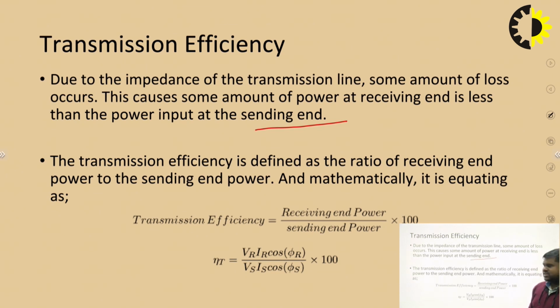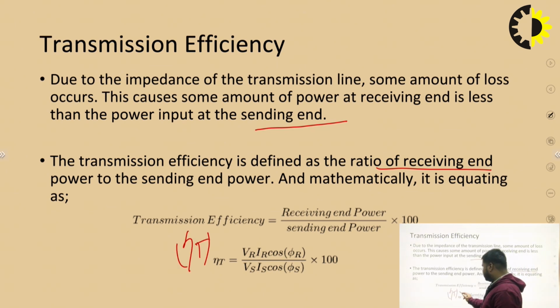The transmission efficiency is defined as the ratio of receiving end power to the sending end power, and mathematically it is expressed as transmission efficiency equal to receiving end power divided by sending end power into 100. This is transmission efficiency, which is represented by eta t.